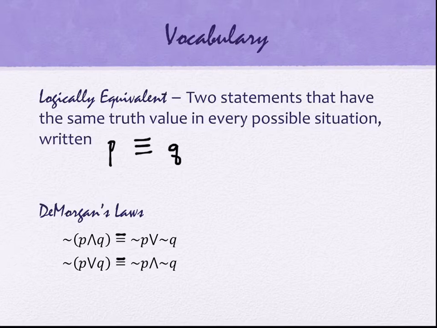There should be 3 lines here, so I'm going to put that in there for us. De Morgan's laws tell us 2 logically equivalent sentences, basically. The first one has a tilde on the outside, it says tilde of P and Q. And on the right-hand side, it says tilde P or tilde Q. These are logically equivalent statements.